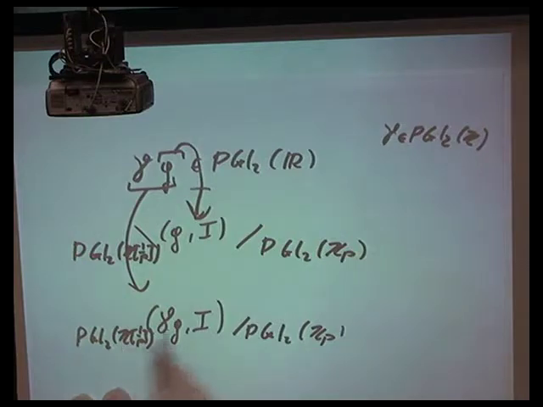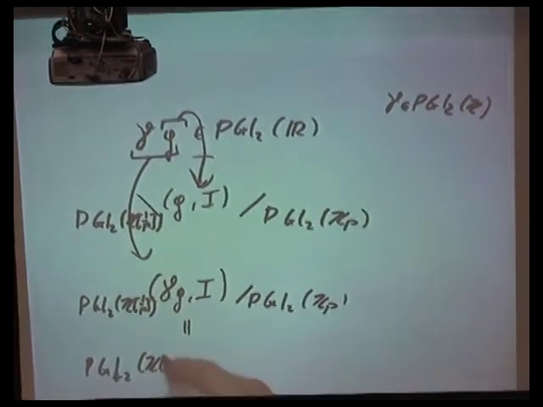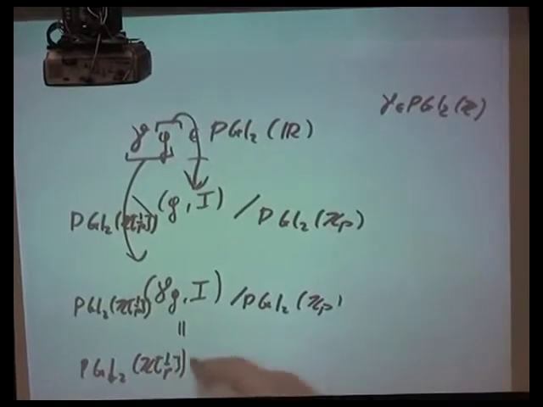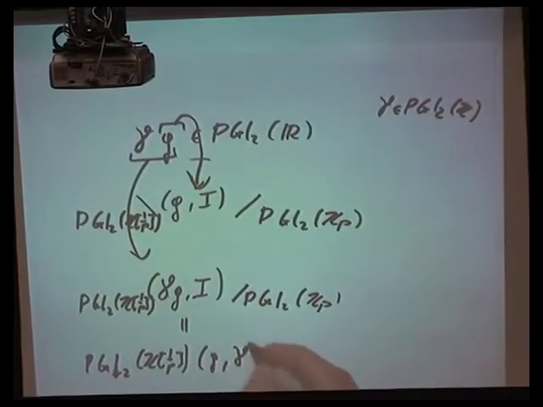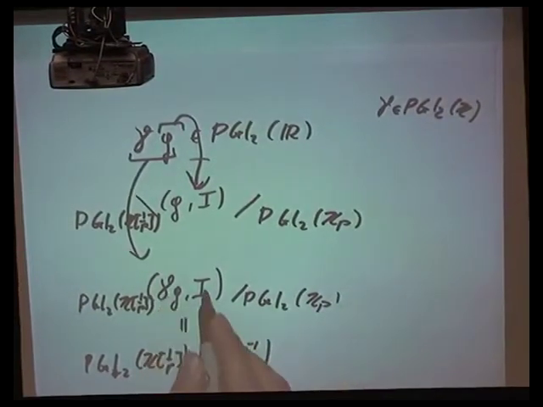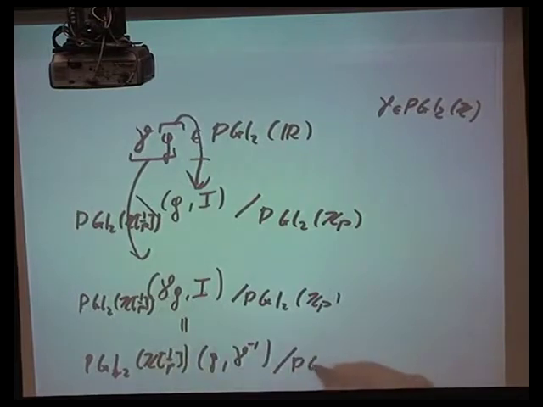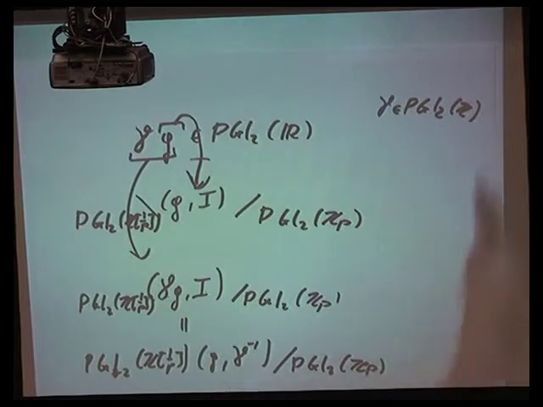So when you want to get rid of this using this element, you get PGL2(Z[1/p]) (g, gamma inverse). So this gamma moves over to here. But now we are happy because this element is not only in PGL2(Z[1/p]), it's also an element in PGL2(Z_p).